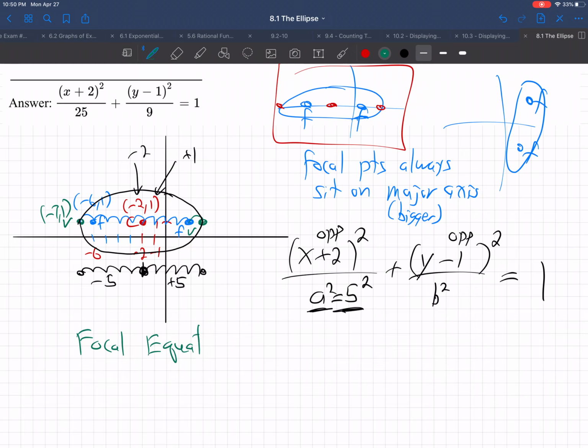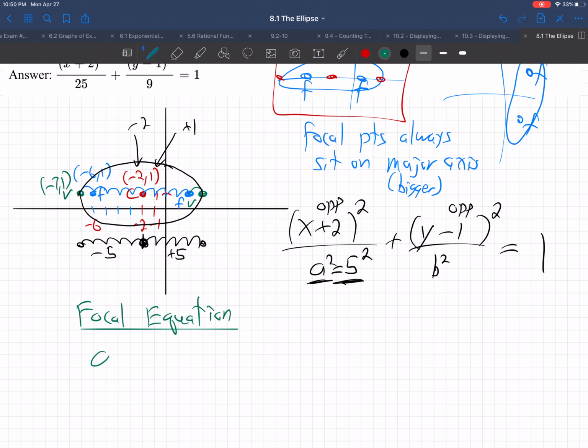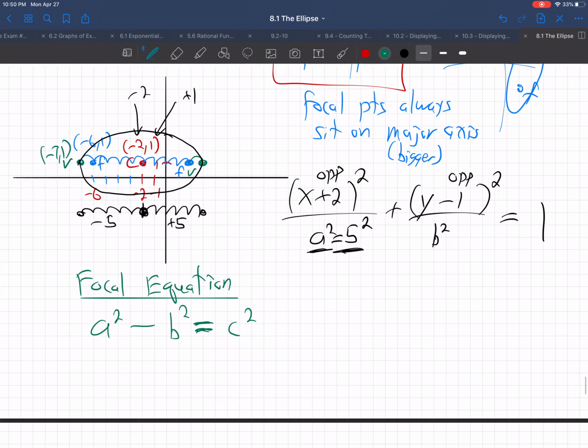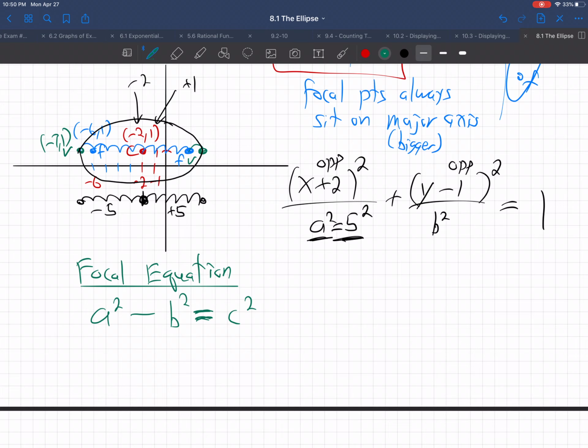We don't use that very often, but it is important. So what's the focal equation? It's like the Pythagorean theorem, a squared plus b squared is c squared, except it has minus in the middle. So it's basically the Pythag with a minus. Now, what are a and b, and what is c? C is the distance from the center to the focus, either focus point, it doesn't matter.